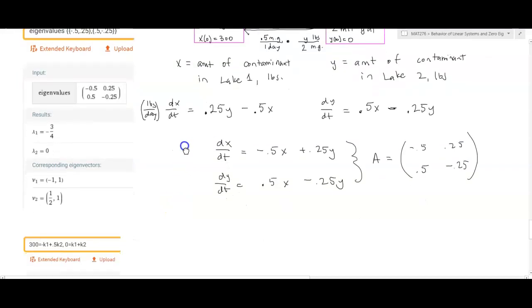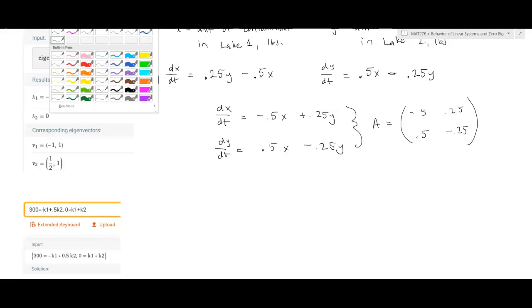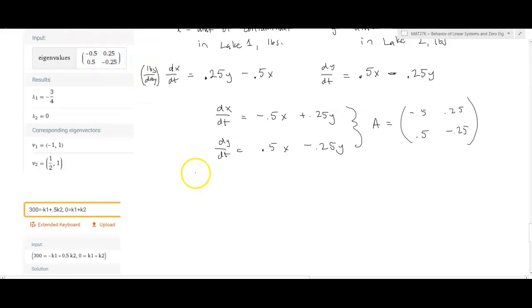So we're still going to write our solution in exactly the same way. Our xy vector equals k1 e to the lambda 1 t, so e to the negative 0.75t, times v1, which is negative 1, 1. And then plus k2 e to the lambda 2 t. Oh wait, e to the 0t, that's just going to be 1, so that's nice, multiplied by 1/2 and 1.